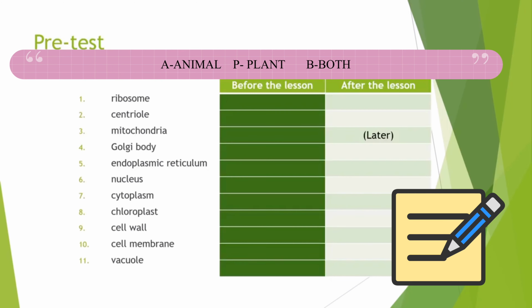Now let us have a short pretest about the animal and plant cell organelles. In your notebook, write the 11 organelles and you only answer A for animal cell, B for plant cell, or C for both. Take note, you only have to answer before the lesson.